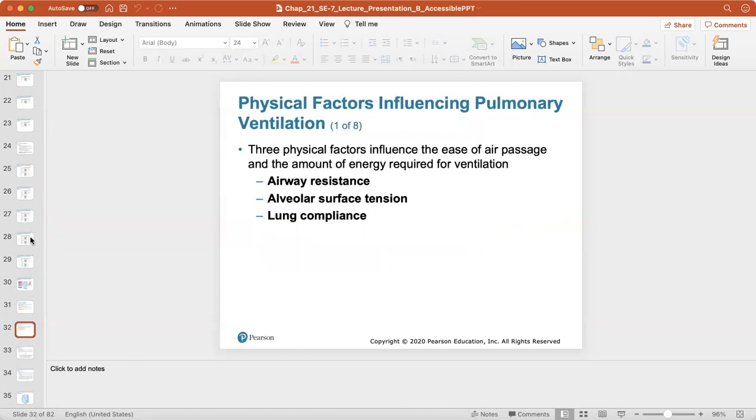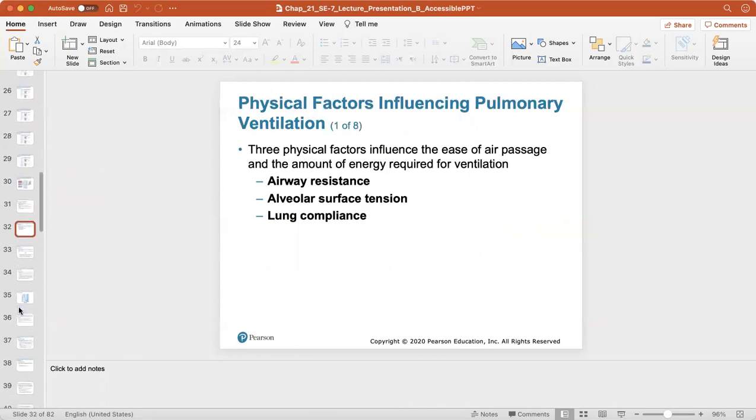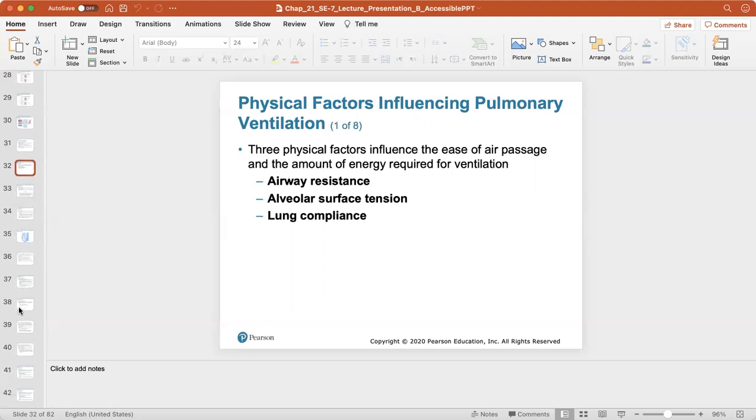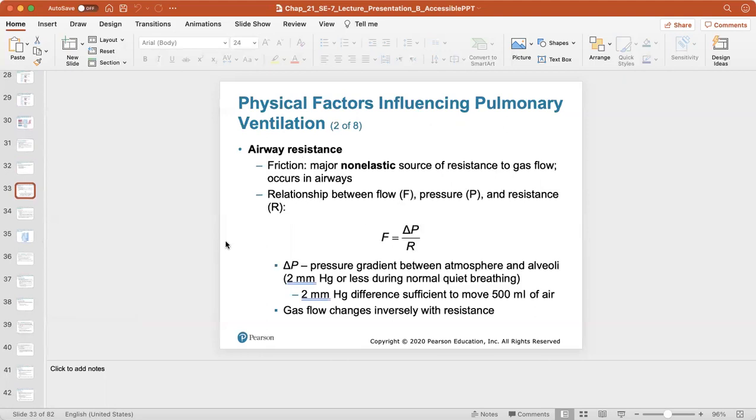There are three physical factors that influence the ease of air passage and the amount of energy required for ventilation: airway resistance, alveolar surface tension, and lung compliance. Airway resistance has to do with friction, which is the major non-elastic source of resistance to gas flow. It occurs in your bronchial airways.